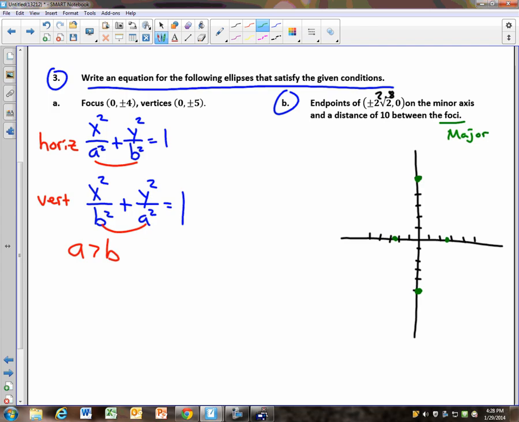Is this thing stretched vertically or horizontally? It's going to be stretched vertically, so we're looking for this type of equation right here, not that one.